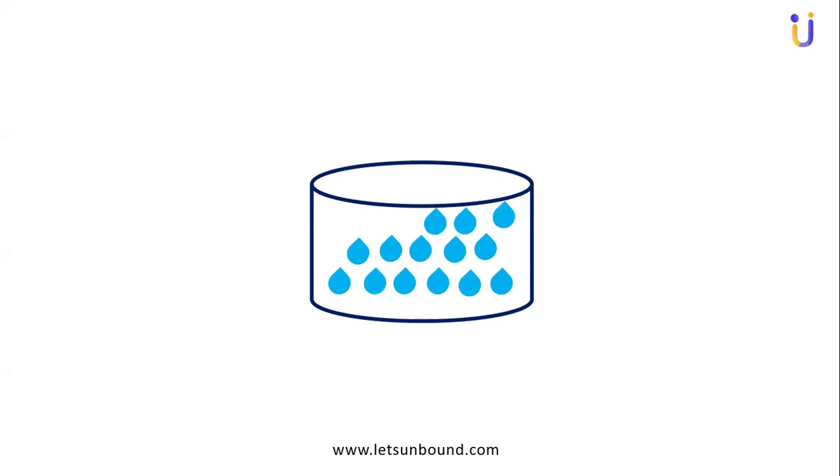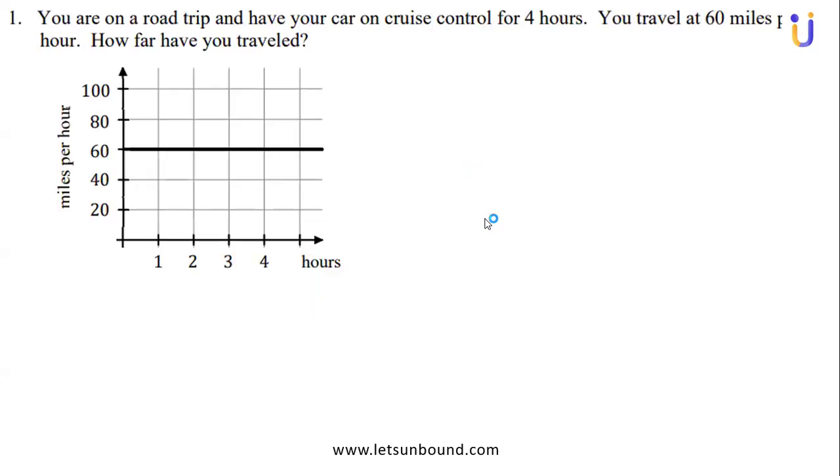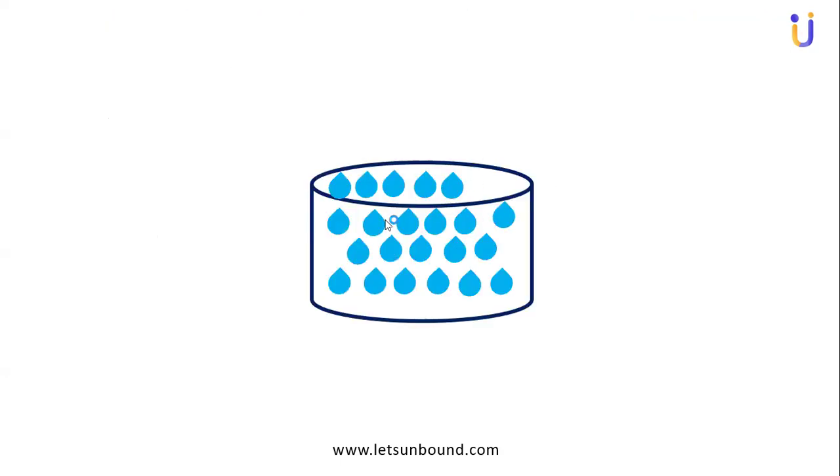Now, a very simple example. Here you have a jar and the water is dropping like this. This much is filled at 1 second, and this much at the next. So it is getting accumulated, and when you want to find the full volume of the jar, that is accumulation of change.